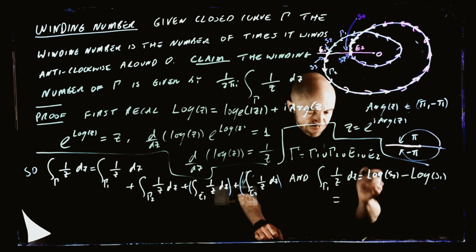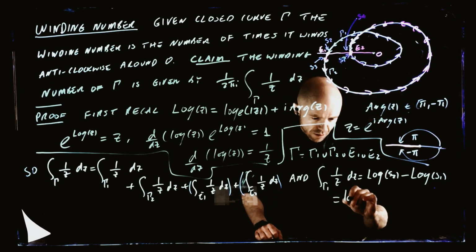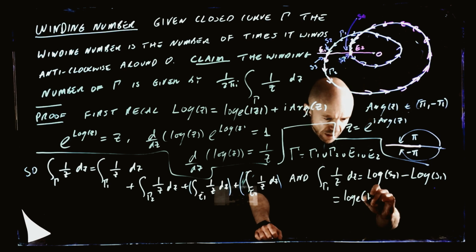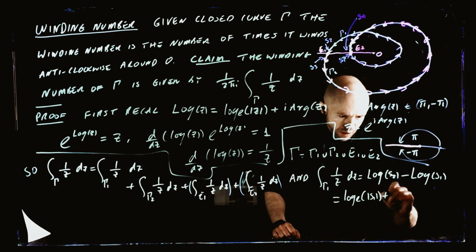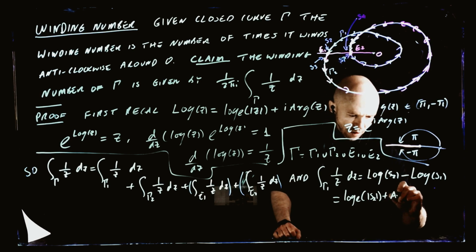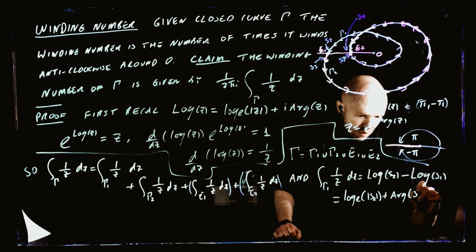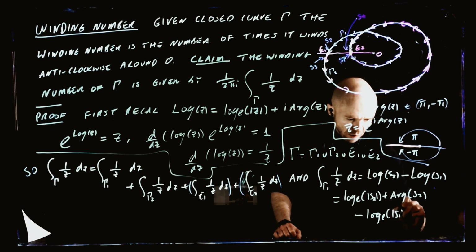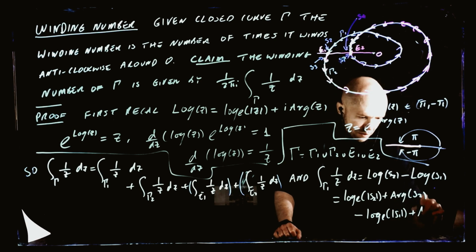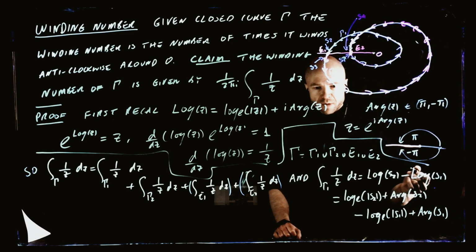And what is this thing? This is log to the base e of the absolute value of S2 plus the argument of S2, minus log to the base e of the absolute value of S1 plus the argument of S1. That's just the definition of complex log.